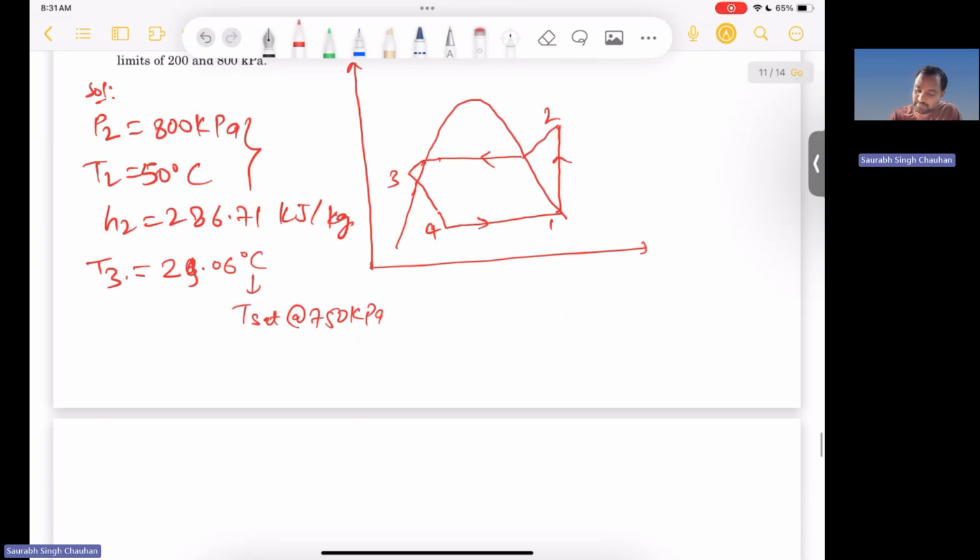Okay, but it is subcooled by 3 degrees Celsius. So it will be minus 3, right? So 29.06 degrees Celsius minus 3, correct?